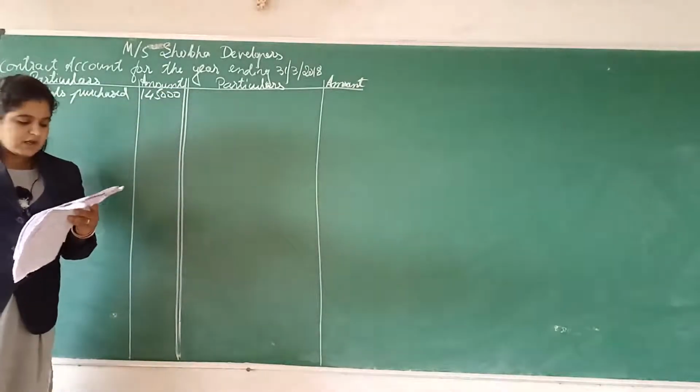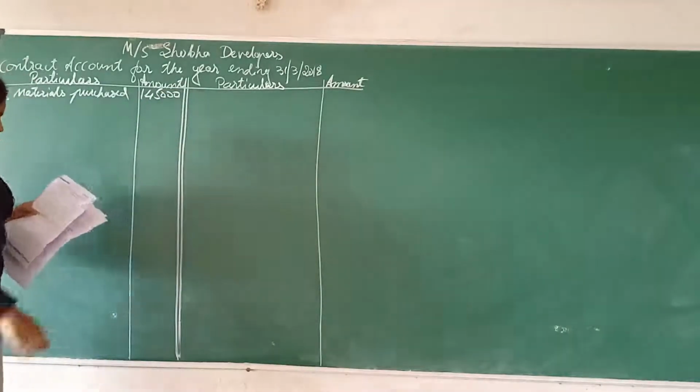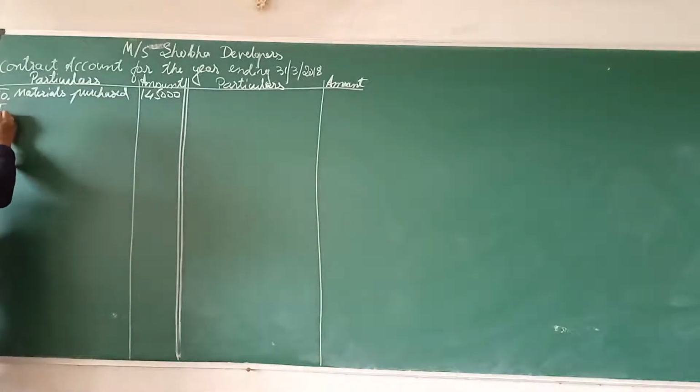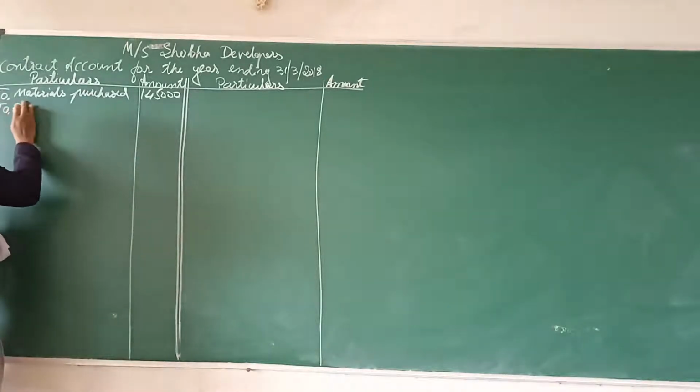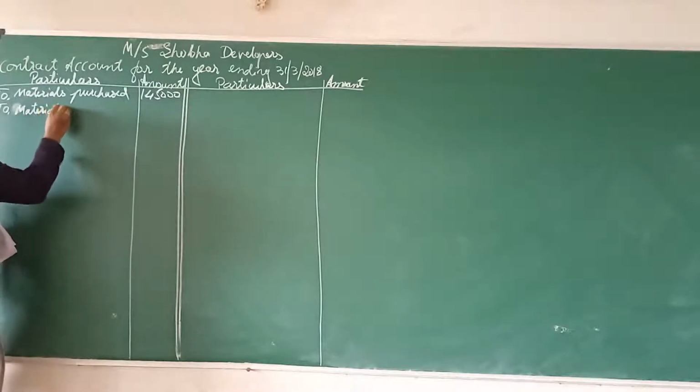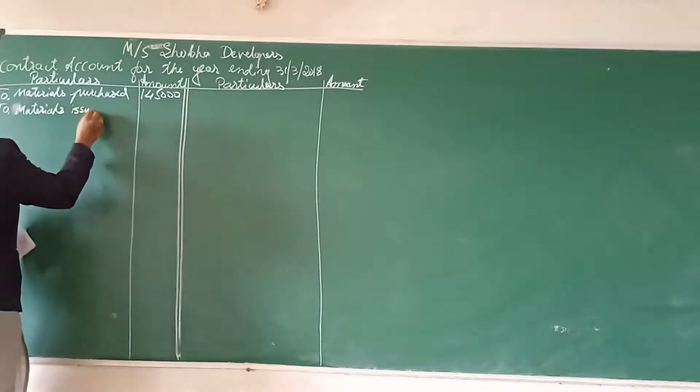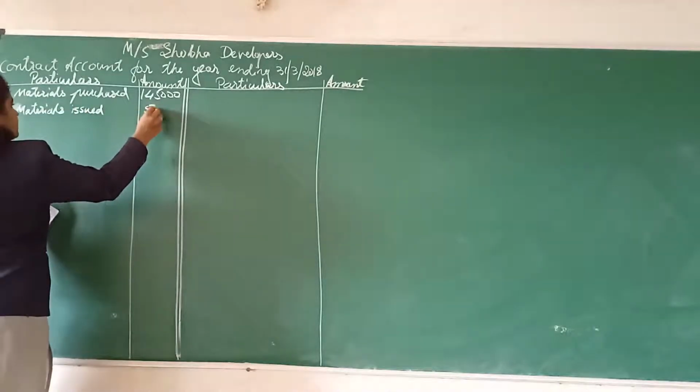Next is materials issued to site, 50,000, again on the debit side. Materials issued, amount is 50,000.